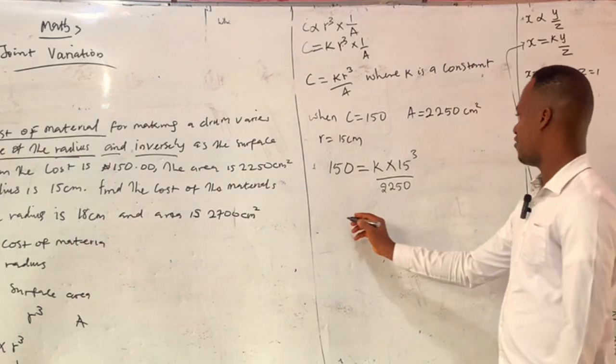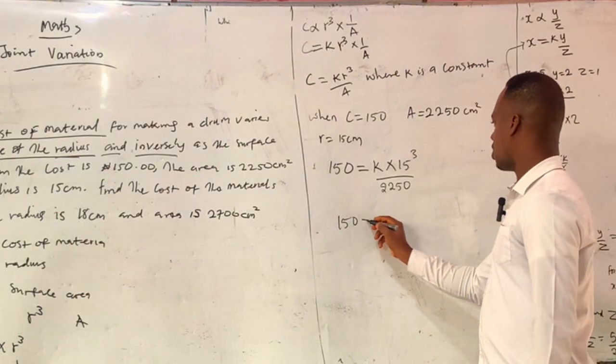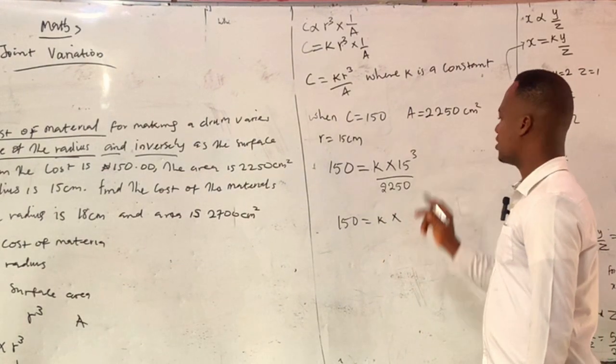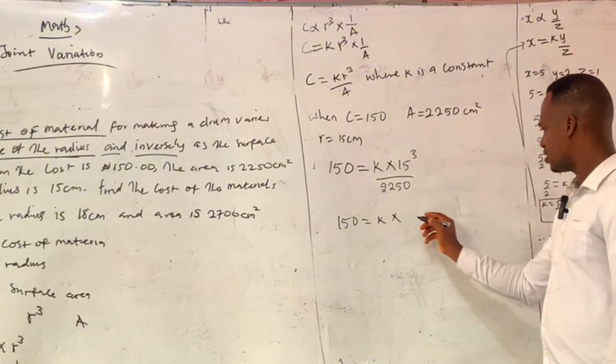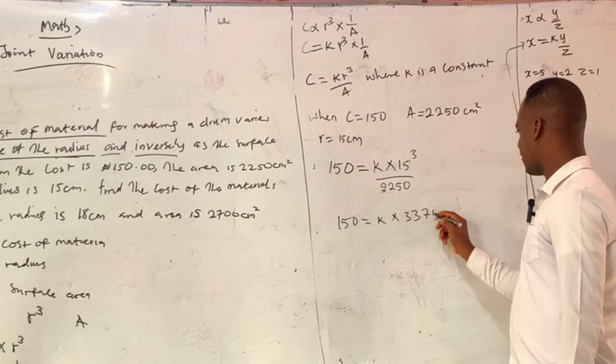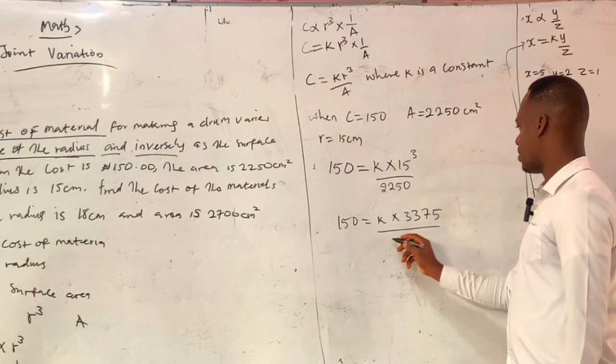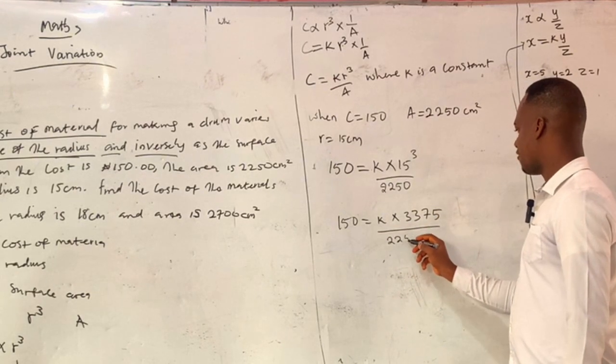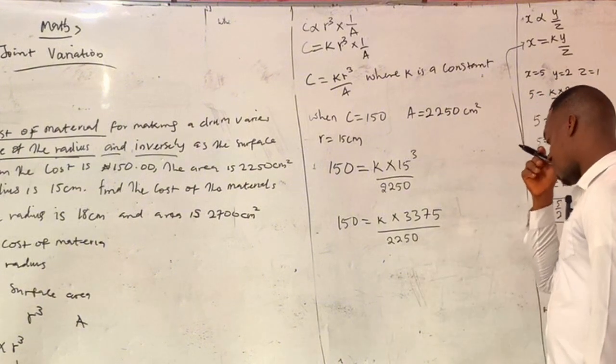All right, so we have 150 is equal to K times, can we get 15 times 15 times 15? 3,375. Okay, all divided by 2,250.